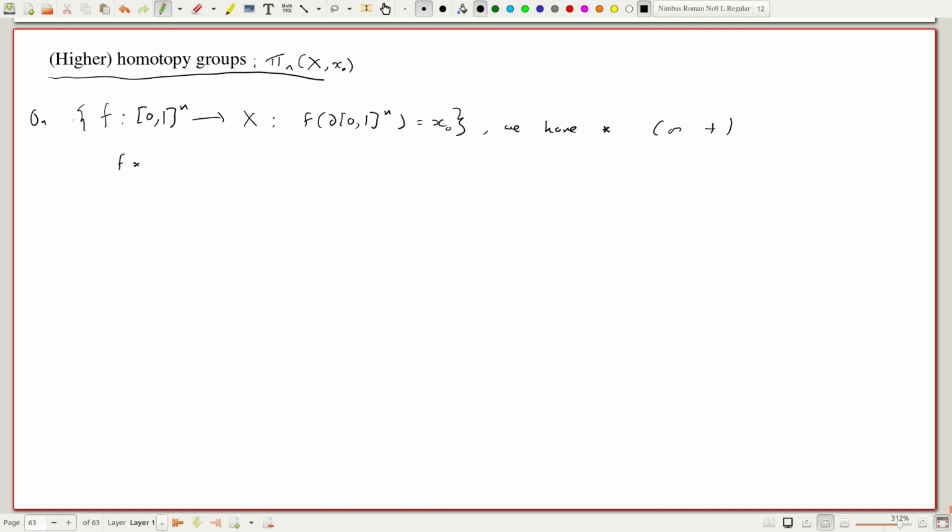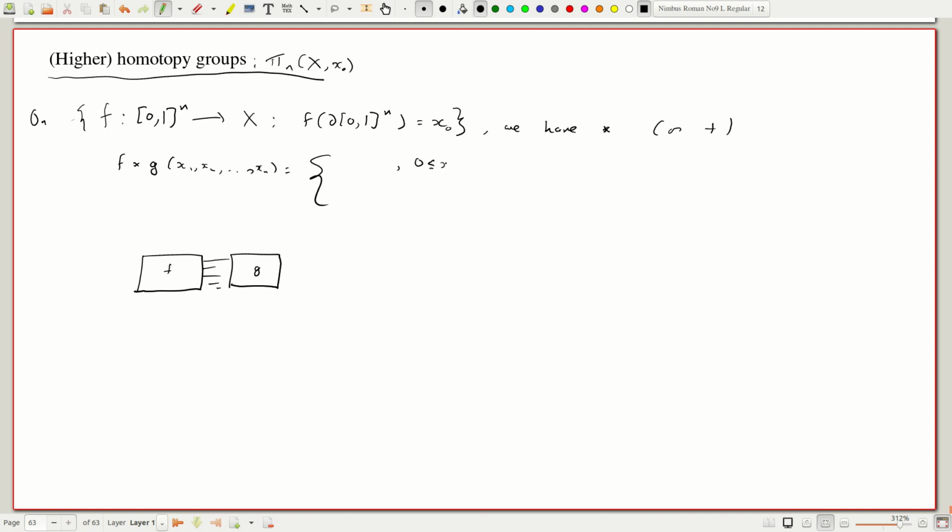So f star g is the following. I have f, let's say this was in 2 dimensions, and I have g. I'll just stick them side by side like this. So f star g of x1, x2, ..., xn: well, it's going to depend only on x1.